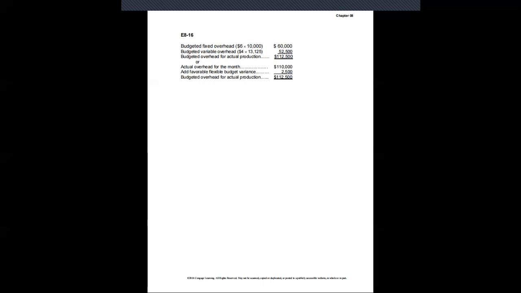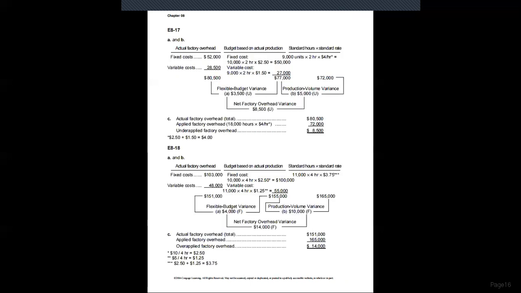We go to E8-17. E8-17 now is requiring: A, the flexible budget variance, B, calculate the production volume variance, and C, was the total overhead over or under applied and by what amount.